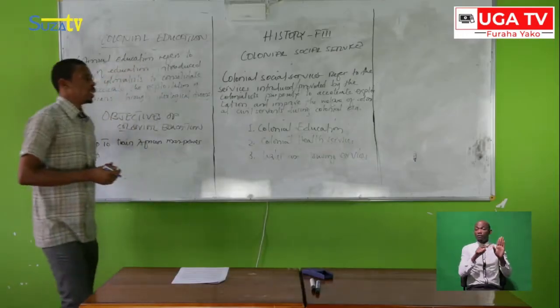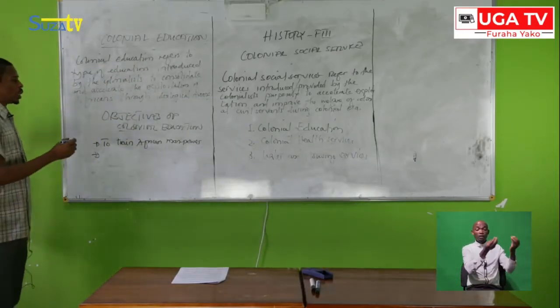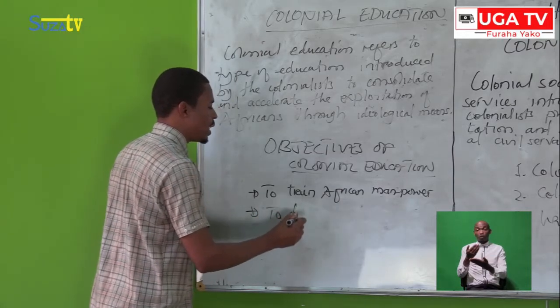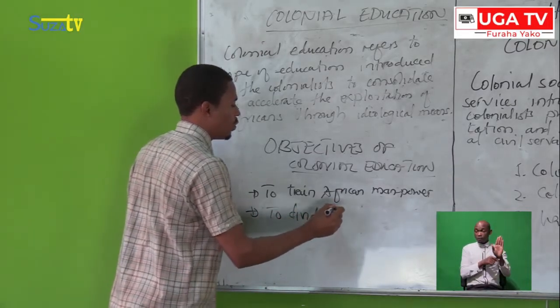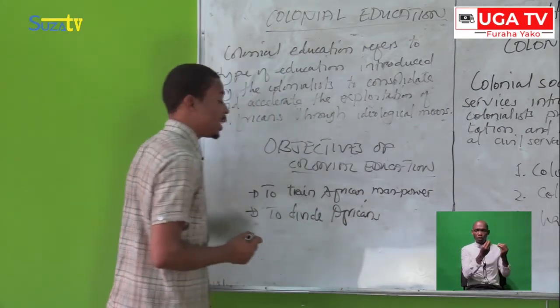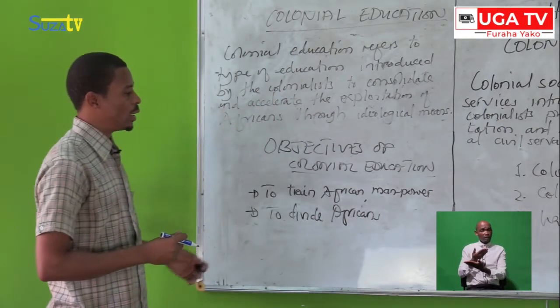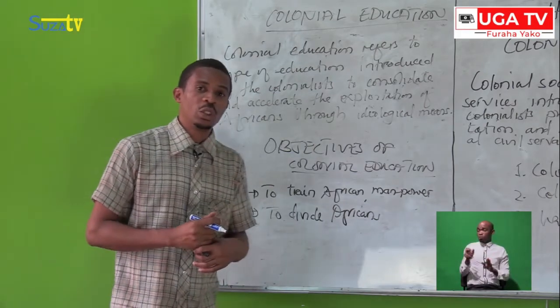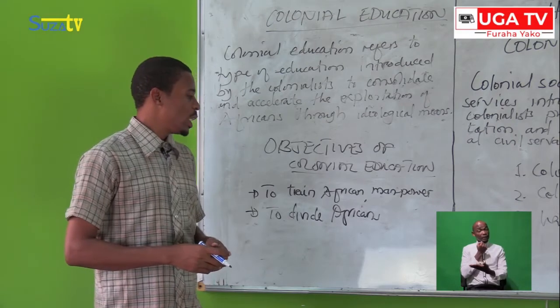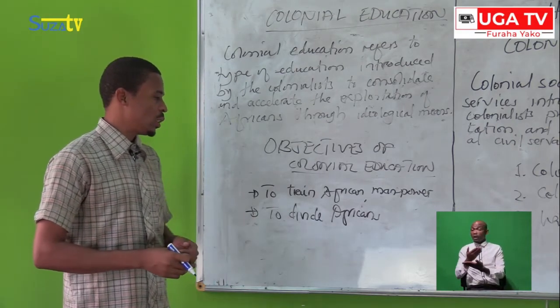So they provided colonial education in order to divide Africans, and they succeeded. These whites succeeded in dividing the Africans into classes.